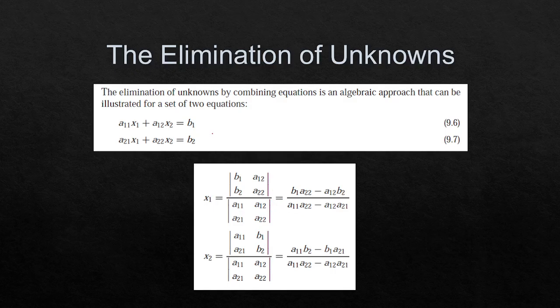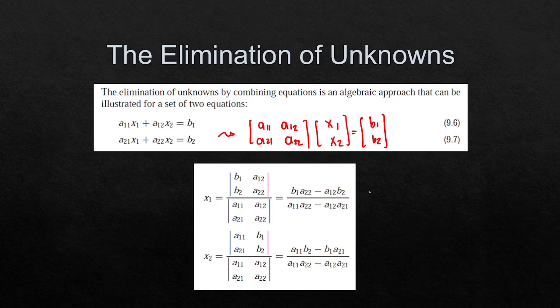So in solving these two equations, 9.6 and 9.7, translating this first into matrix form, it would be A11, A21, A12, then A22. Then the X matrix, which is X1, X2, equals the constant matrix, which is B1 and B2.